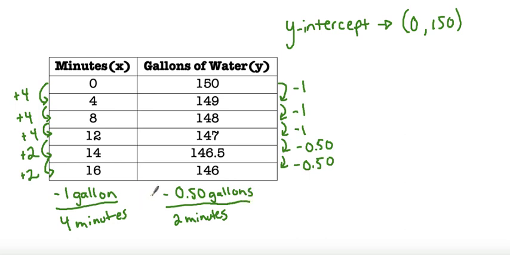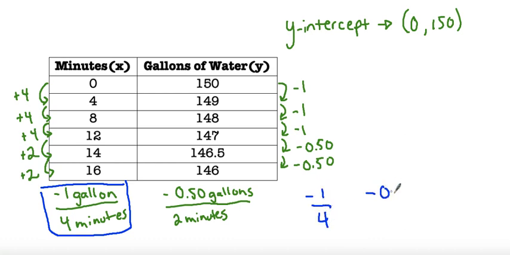So just by looking at these two rates, the first one we wrote here is a lot easier to look at. So that would be -1/4 rather than writing -0.5 over 2. So this one is a lot nicer to look at, and the second one isn't even a proper fraction.